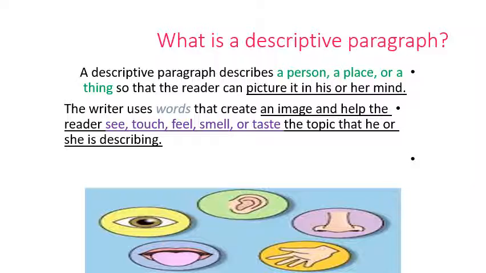Also, the writer uses words that create an image and help the reader see, touch, feel, smell, or taste the topic that he or she is describing. So he uses descriptive words. He uses many adjectives in writing the descriptive paragraph.